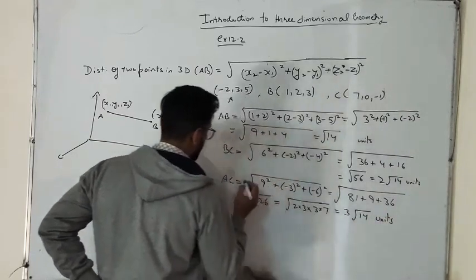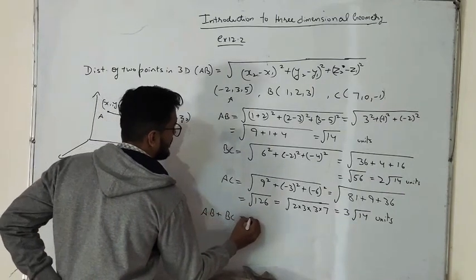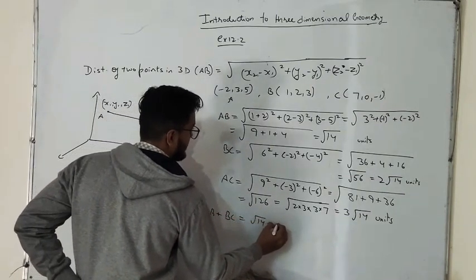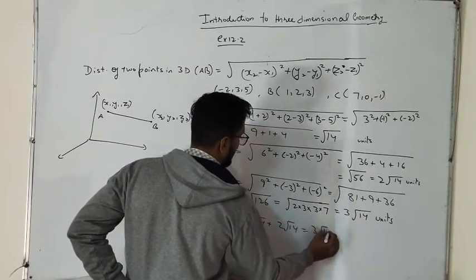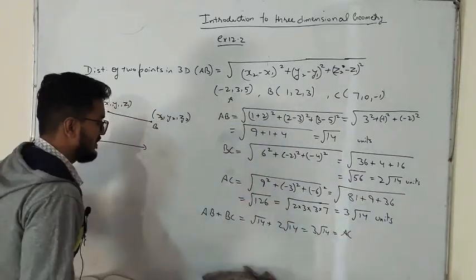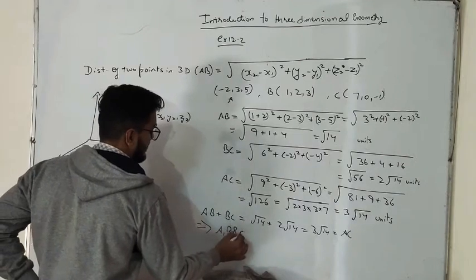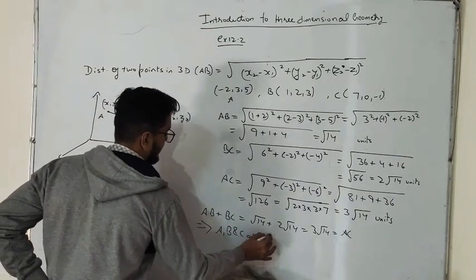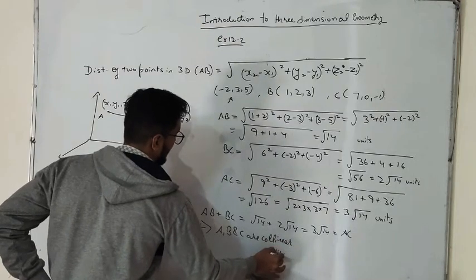So as you can see, AB plus BC is equal to root 14 plus 2 root 14, which is equal to 3 root 14, which is equal to AC. So AB plus BC is equal to AC. This means A, B and C are collinear. That means they lie in a straight line, hence verified.